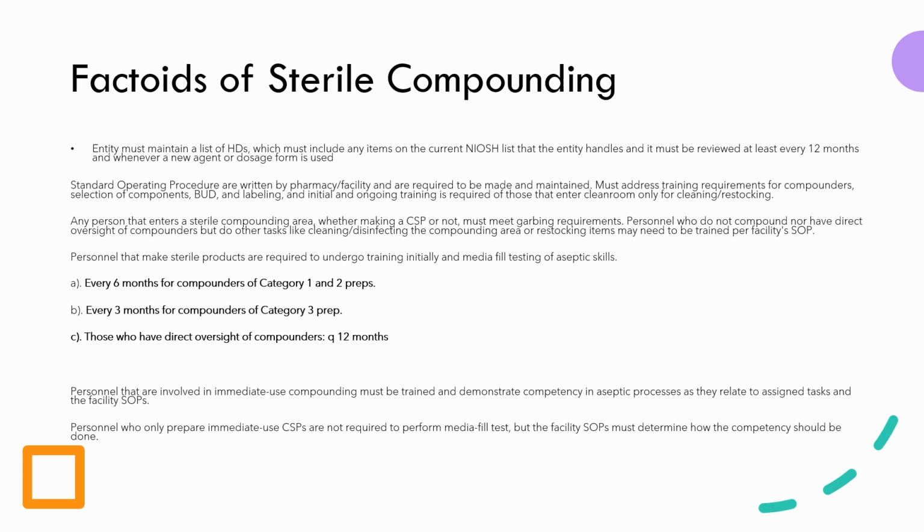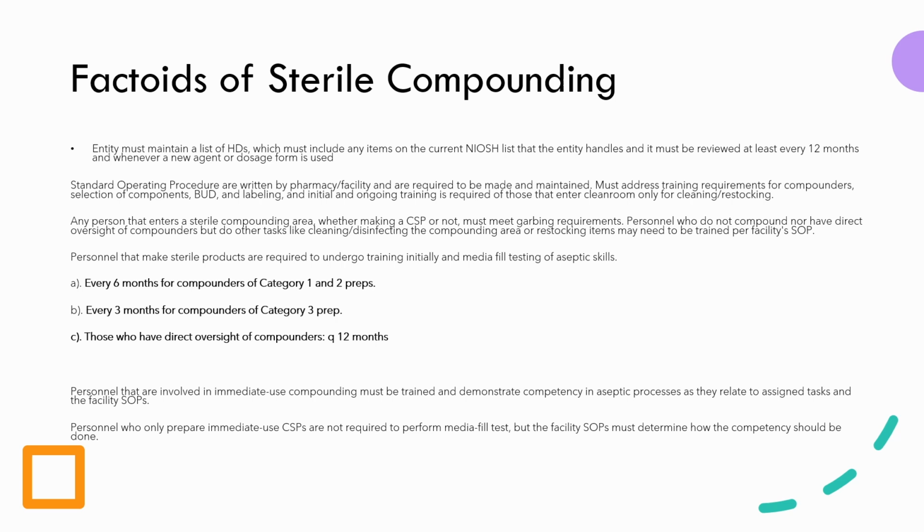But in here, media fill testing is required every 6 months for compounders of category 1 and 2 preparations, and every 3 months for category 3 preparations. The reason why is because it's more stringent. And those who have direct oversight of compounders just have to do it every year.